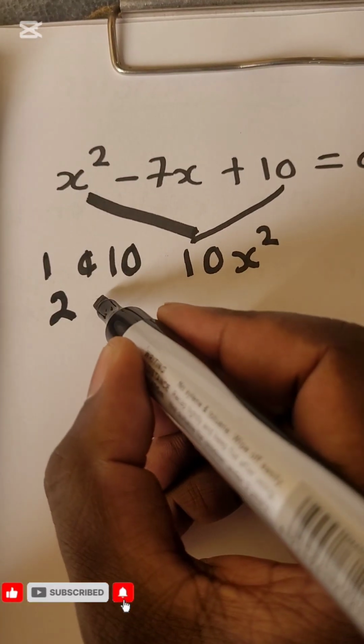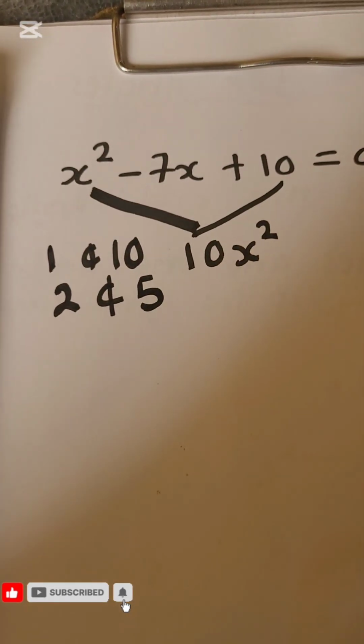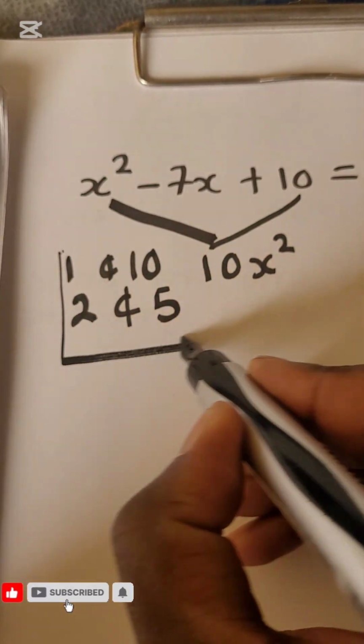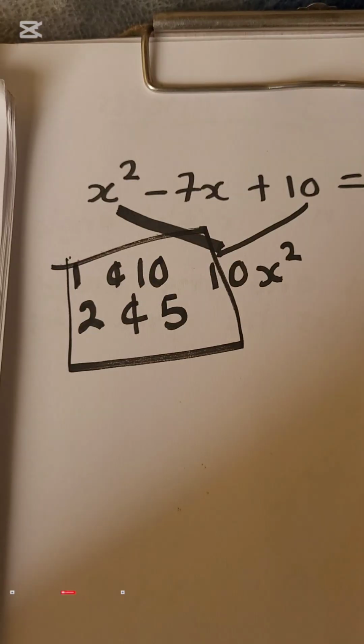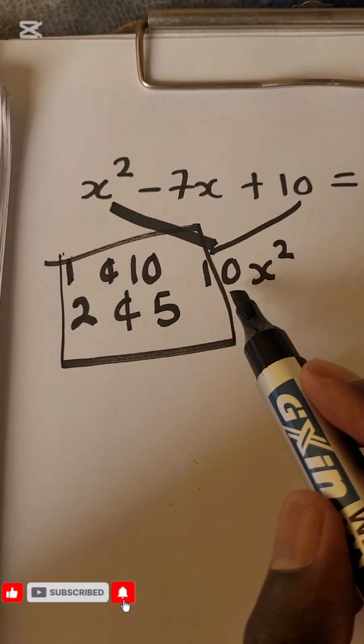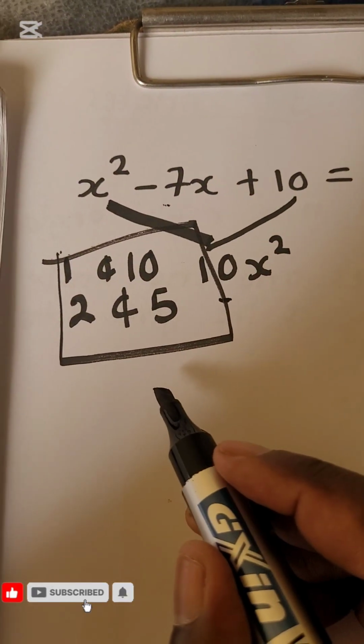We have 2 and 5. You can still get 10. So among the factors that we have listed right here, we want factors that if we multiply we get 10, and if we add we get negative 7.